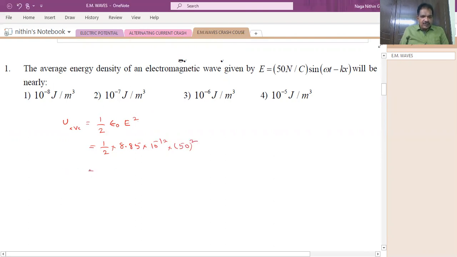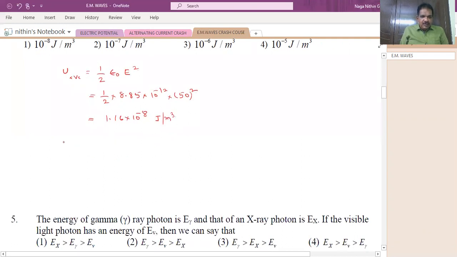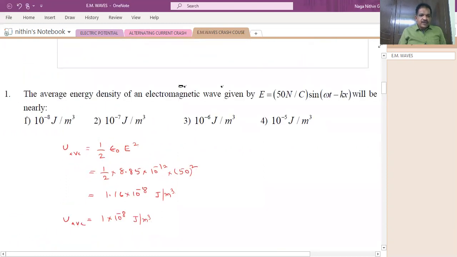If we calculate this value, it is 1.16 into 10 power minus 8. Energy density means energy per unit volume. Approximately, U average is equal to 1 into 10 power minus 8 joule per meter cube. So the first option will be the answer for it.